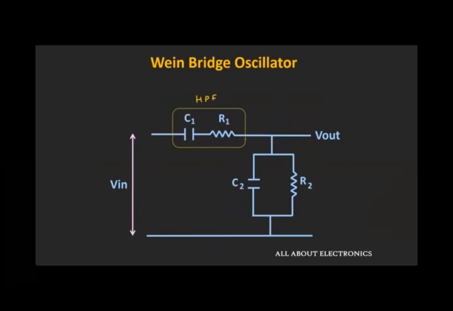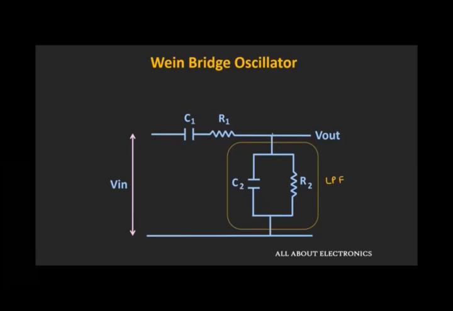low frequency signals. On the other hand, at high frequencies, this capacitor provides the very low impedance, so it easily allows the high frequency components. So in a way, it acts like a high pass filter. On the other hand, if you see this parallel RC circuit, at low frequencies, this capacitor will act as an open circuit.